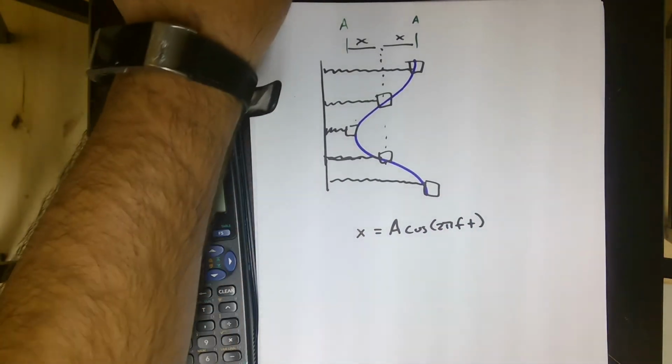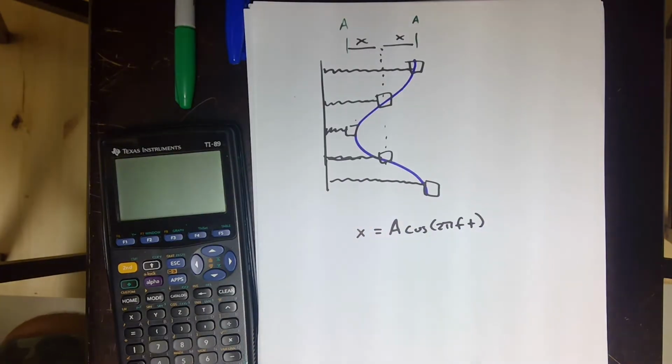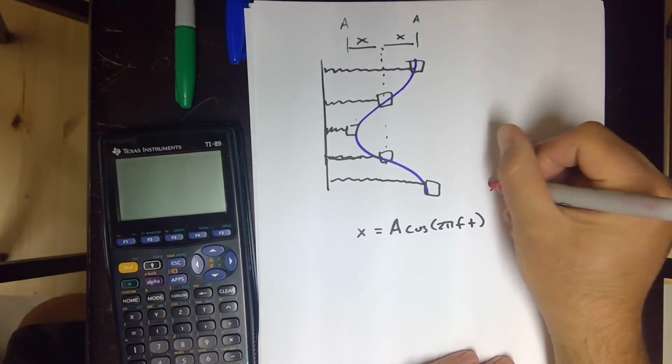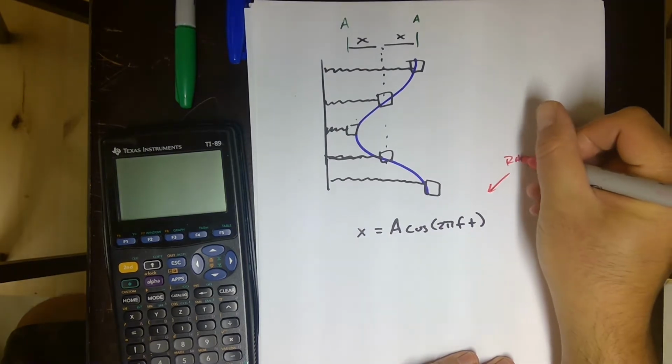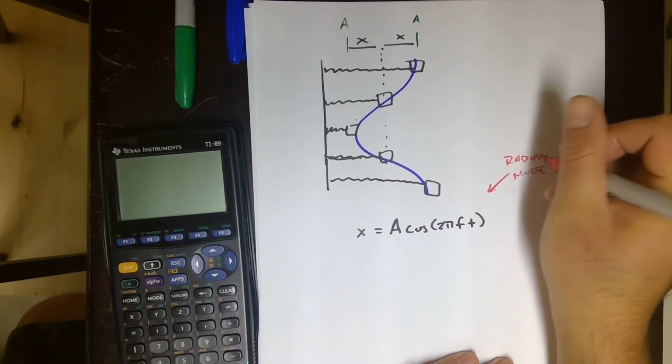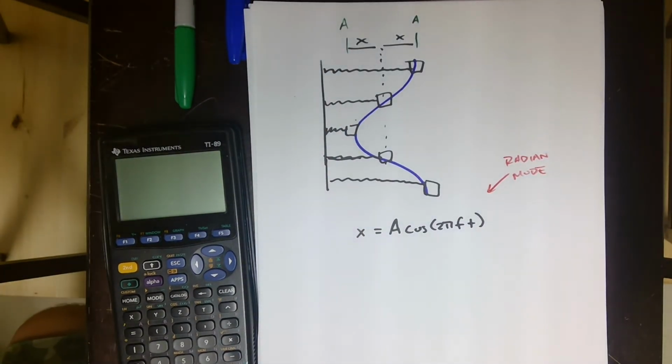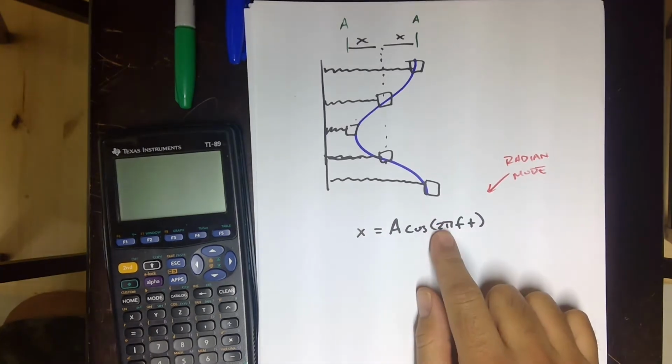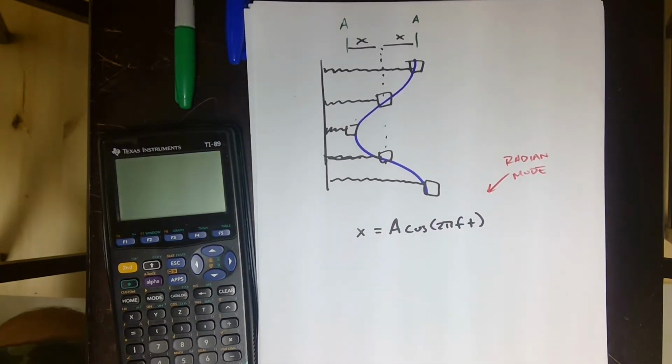One thing I want to point out is that this function is in radian mode. If we wanted to model this function in degree mode, that number would have to be different. We're going to leave it the way it is because radians is the gold standard here.